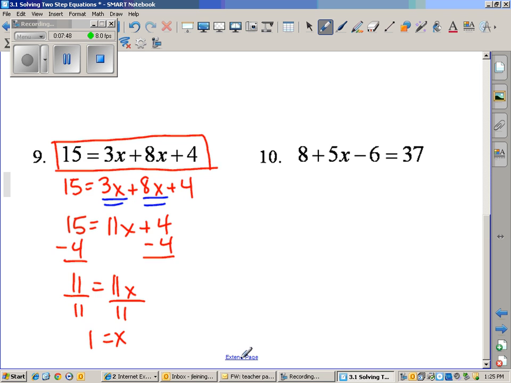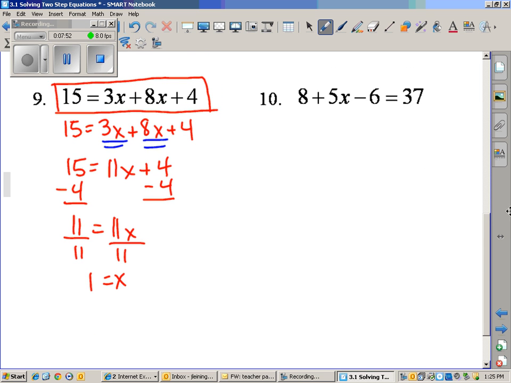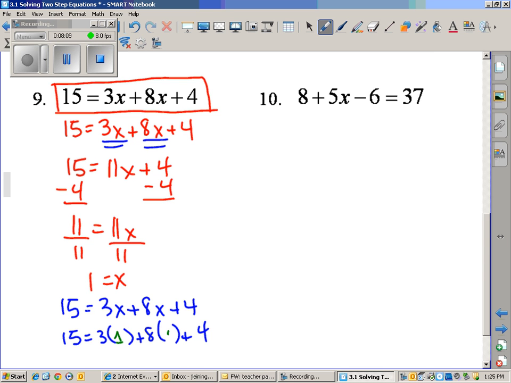I'll leave the check to you, but I will remind you that we go back to the original equation. 15 equals 3x plus 8x plus 4. You're going to make your shell, and you're going to plug in 1 in each one of these spots, and then you're going to satisfy yourself that those numbers actually do add up to 15.